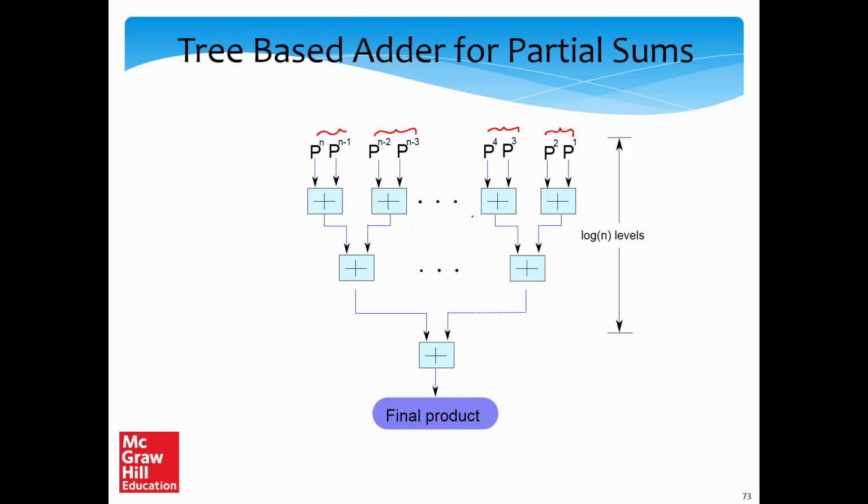At each level, adding numbers with 2n bits would take order of log 2n time, which is the same as order of log n time because we ignore constants, and even the base of the log is not important. We have log n levels, right? Because in each level, we reduce the number of numbers that we need to add by a factor of 2.